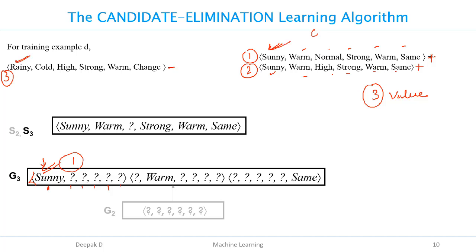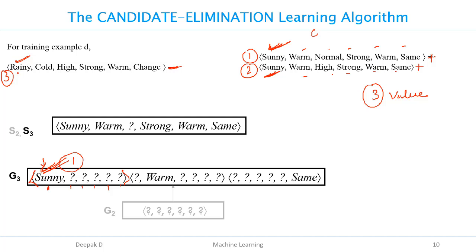So in order to make your instance negative, I have just taken the previous values of your instances, that is sunny and sunny. So I have taken the same value, sunny, in my updated hypothesis. So this sunny will make this third instance a negative instance.